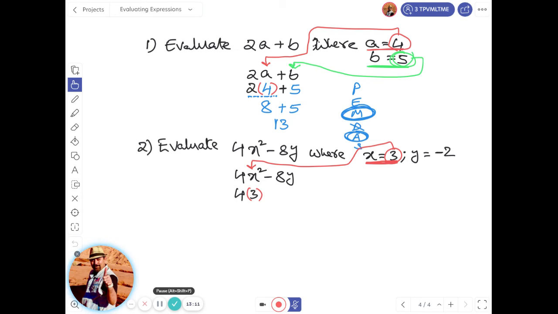We have to assume that there is multiplication. So here it is 4 times x square. So 4 times 3 square minus 8y. 8 times, what is the value of y? You see that it is negative 2. Then that value is to be plugged in here in the place of y, which is negative 2.